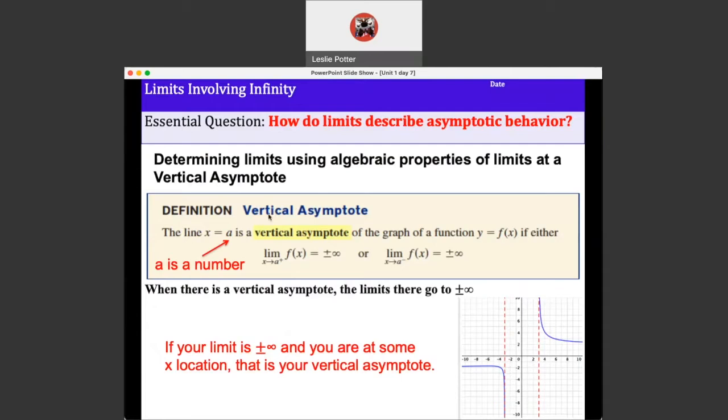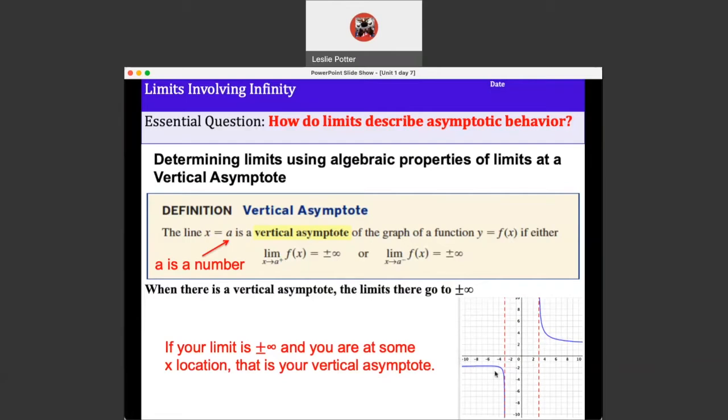So the definition then for vertical asymptote is the line x equals a, where a is a number, is a vertical asymptote of the graph of a function if either the limit as we approach a of the function goes to plus or minus infinity, or as we approach a from the other side, the function goes to plus or minus infinity. So these are one-sided limits, right? As we approach a from the bigger values, or as we approach a from the little values.